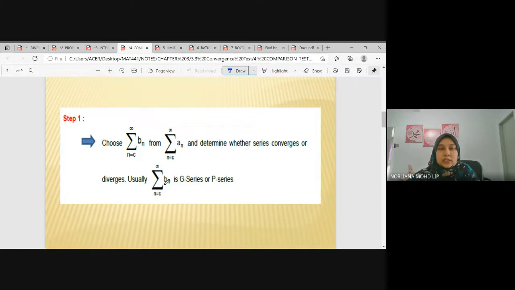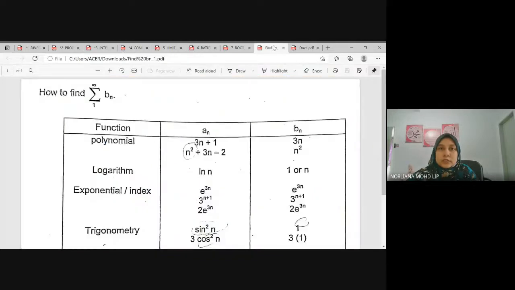Usually the series of bn is geometric series or P series. Kat sini macam mana nak pilih bn ni? Okay, you all boleh refer yang dalam Google Classroom tu, material last sekali. How to find the series of bn.